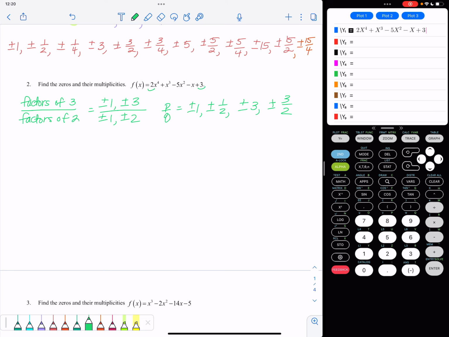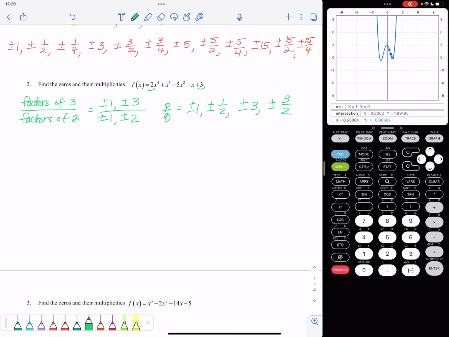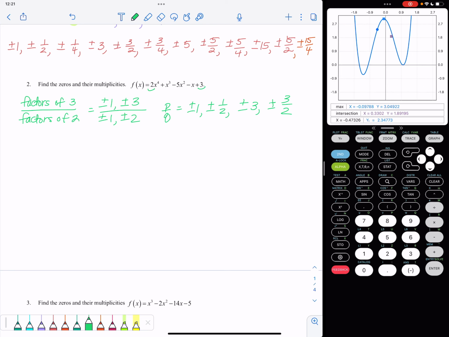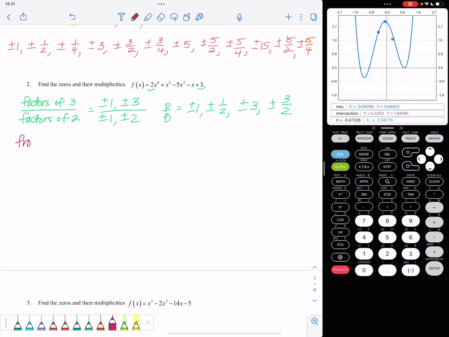Okay, so we're going to zoom 6. And what do you see? Look at that. Do you see that at x equal to 1, it looks like we might have a zero of multiplicity 2? So let's just take a look. From the graph, we might have a zero of 1 with multiplicity 2, okay?